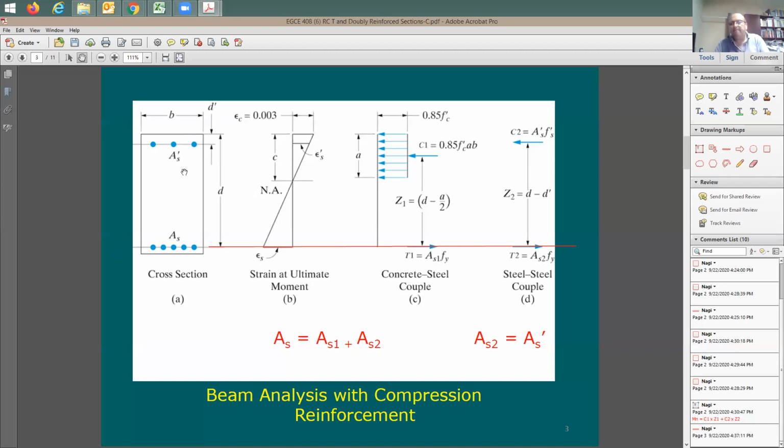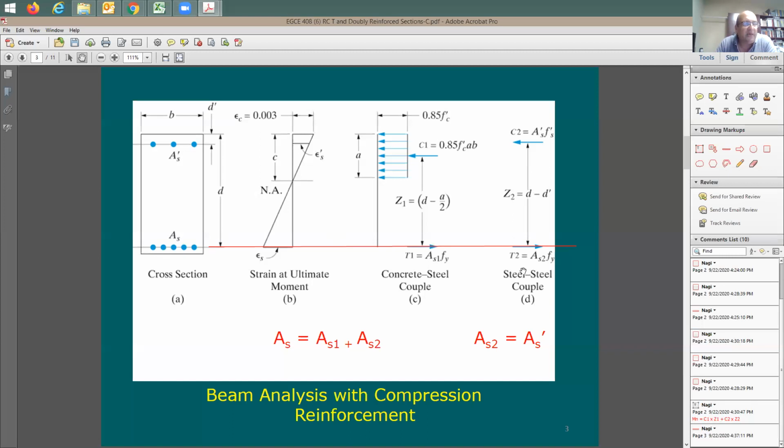Anyone get that? So at the beginning, all I have is just AS. But I'd like to split this AS into two areas, AS1 and AS2. The simplest way, if I assume that Fs prime is also yielding, is to say here AS prime equals AS2. At the beginning, when the problem is given to you, you have just AS and AS prime. You don't have AS1 and AS2, and you'd like to come up with AS1 and AS2.